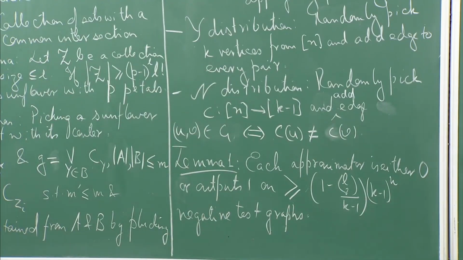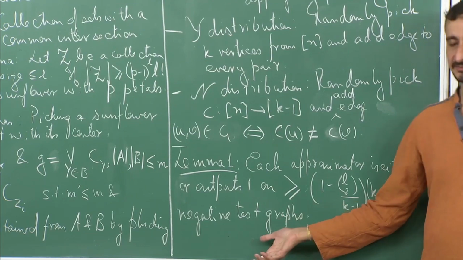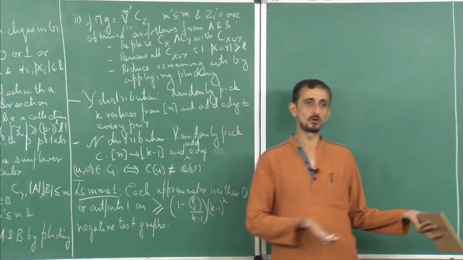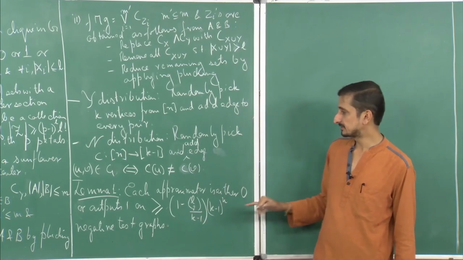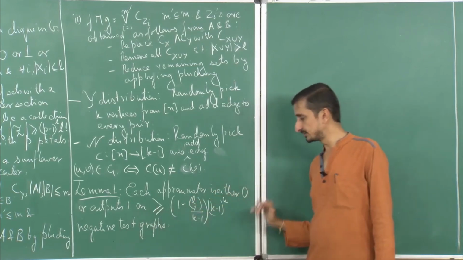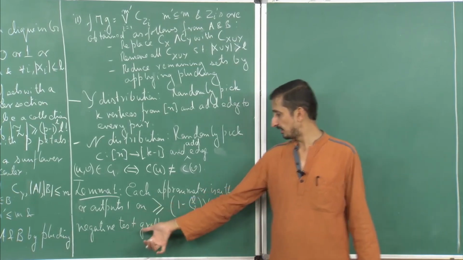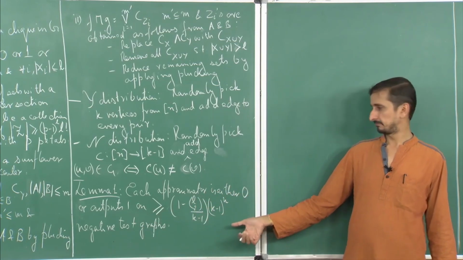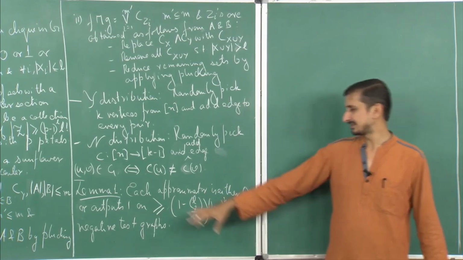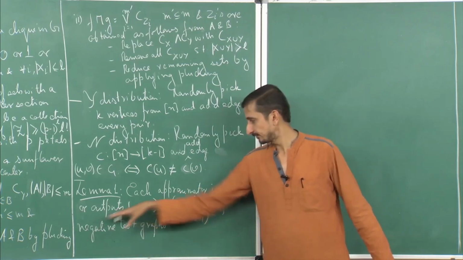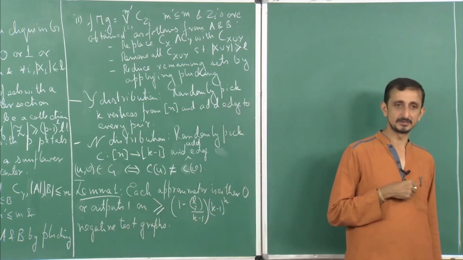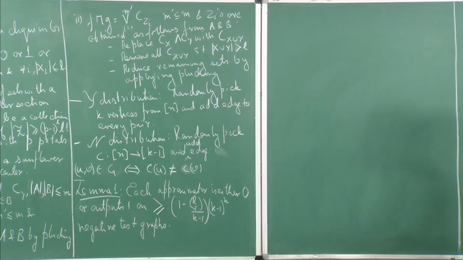So this is showing the first part that I said, that each approximator doesn't do too well. If it is a negative test graph, then the approximator should output 0. But what we are showing is that it either outputs 0, which is okay, or it outputs 1 on this many negative test graphs, which should not be the case.